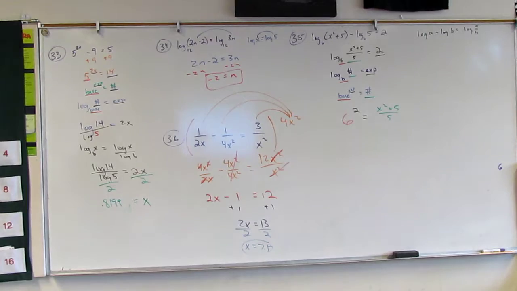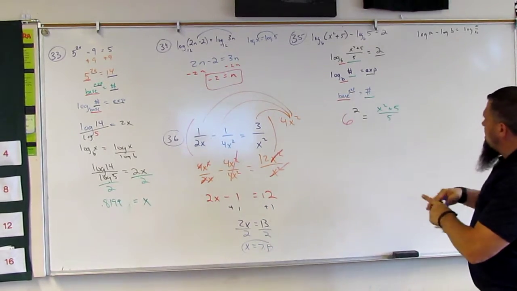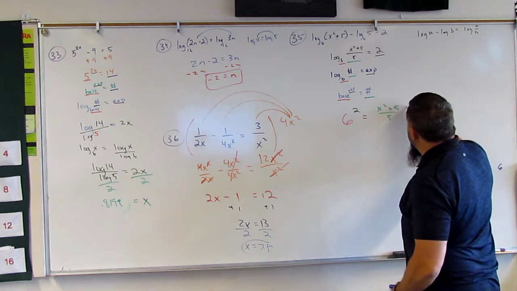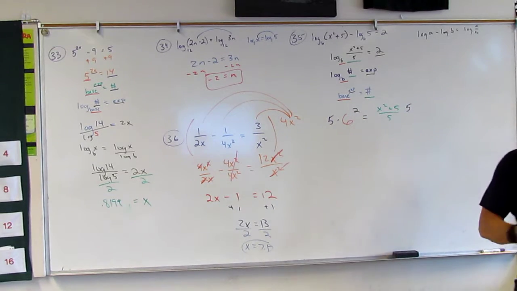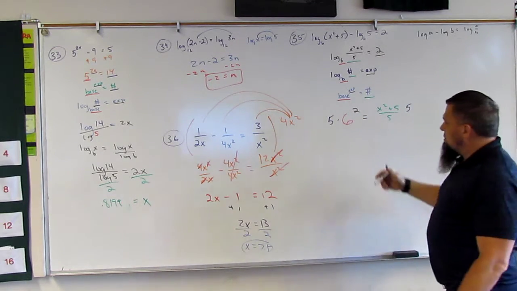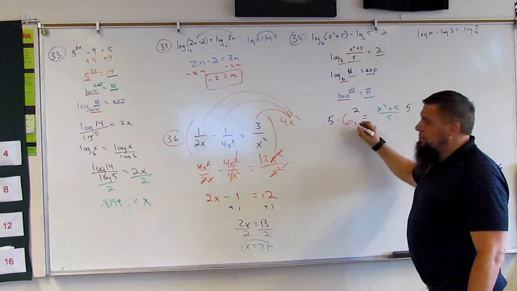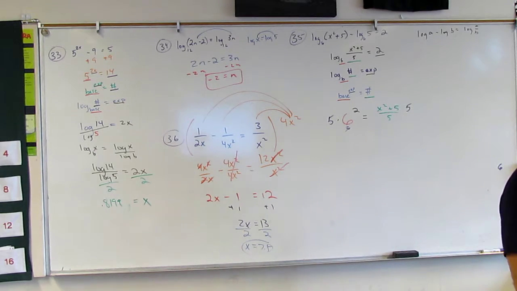And now it's just algebra. Multiply both sides by 5. Think about that. What's 6 squared? 36. 36 times 5: 3 times 5 is 15, that's 150 plus 30.